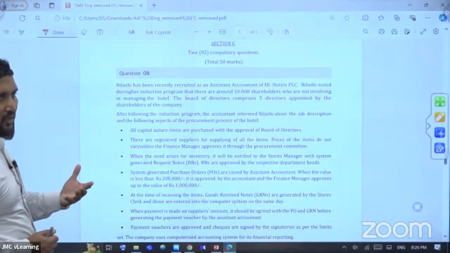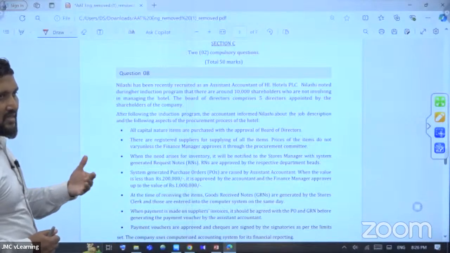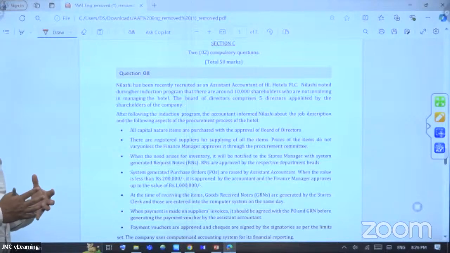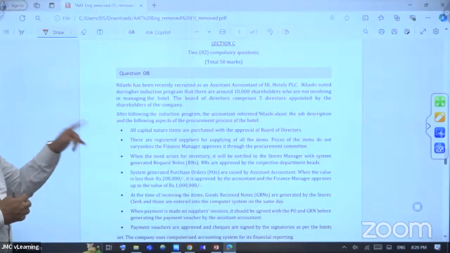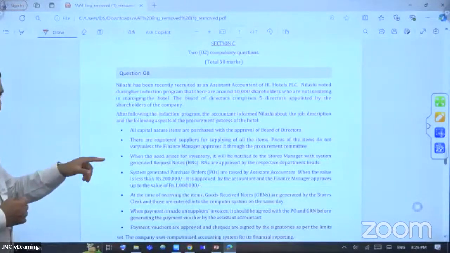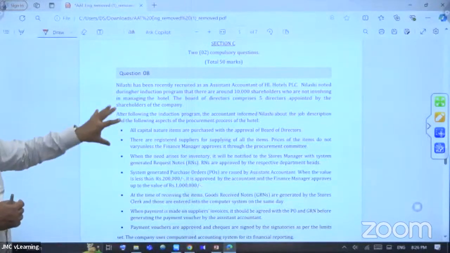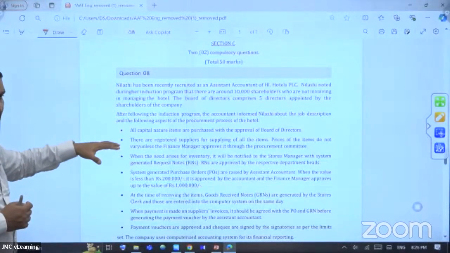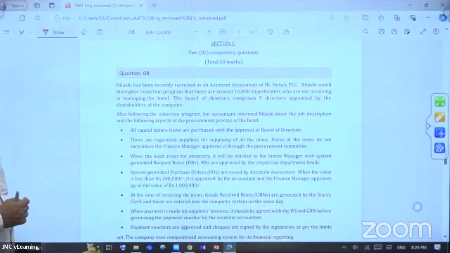When you analyze the internal control questions from the last 5 papers, basically they have given a scenario and wanted the student to identify the weaknesses. Here, what I have done is I have given a scenario where you need to identify the strengths, not the weaknesses, which basically prevail in the scenario.